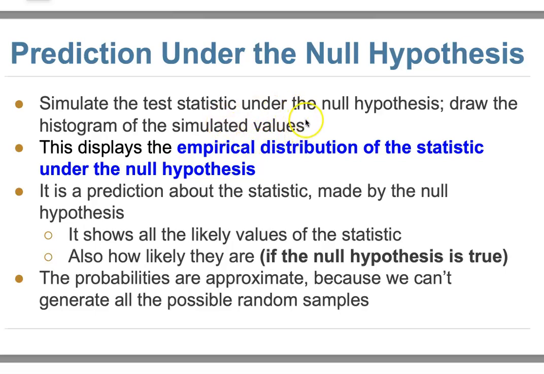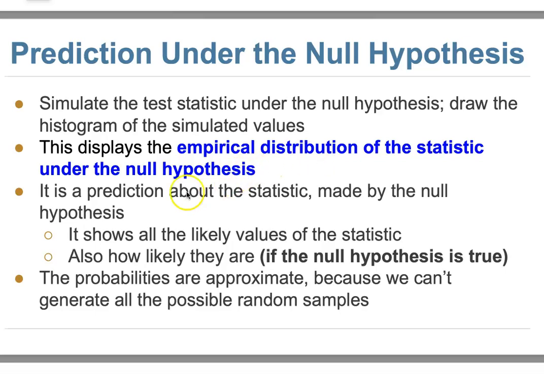This result is displayed as an empirical distribution of the statistic under the null hypothesis. Remember, what is an empirical distribution? All the examples we showed you earlier used categorical data. We have our result, then we do the simulation many times, and then we have the empirical distribution from our simulation.